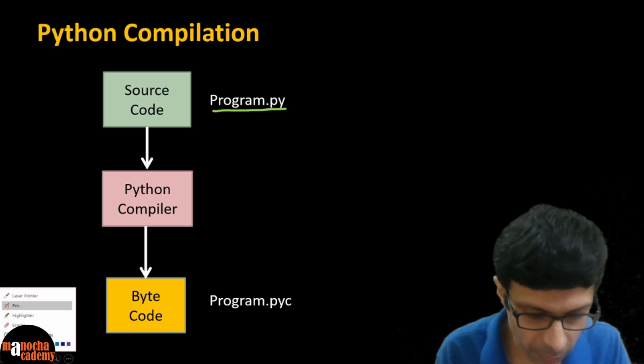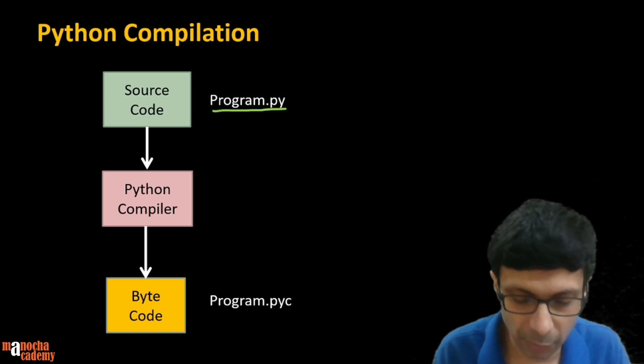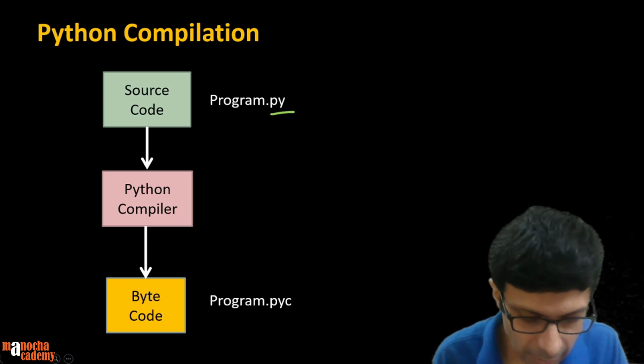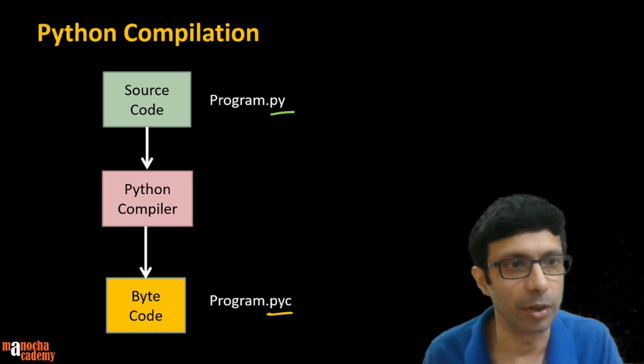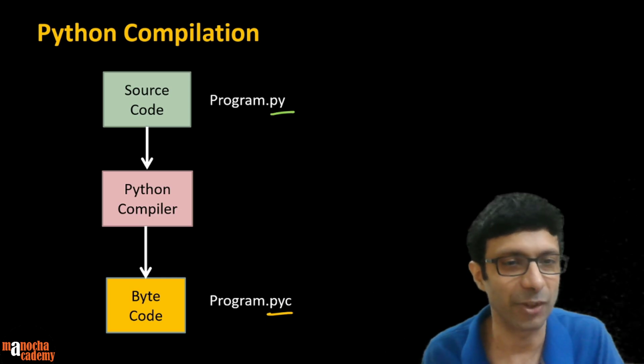So that bytecode, right? The source code, you can see the file name extension ends with .py. In bytecode, the extension is .pyc. Python code, Python bytecode. PYC stands for Python bytecode.